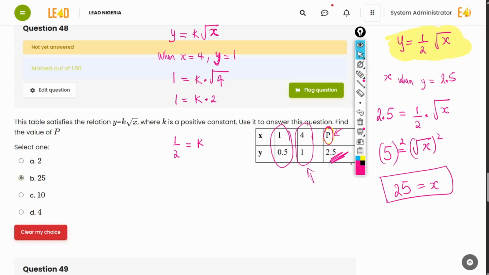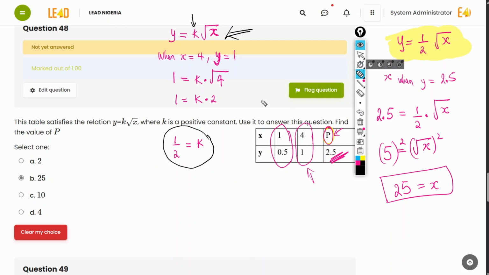All right. So again, a brief recap. The first thing I did was I had the base relationship, but to get the actual relationship I had to solve for k. You could have used any of the two relationships that they gave you, substituted in to solve for k, and I saw that k has to be half.